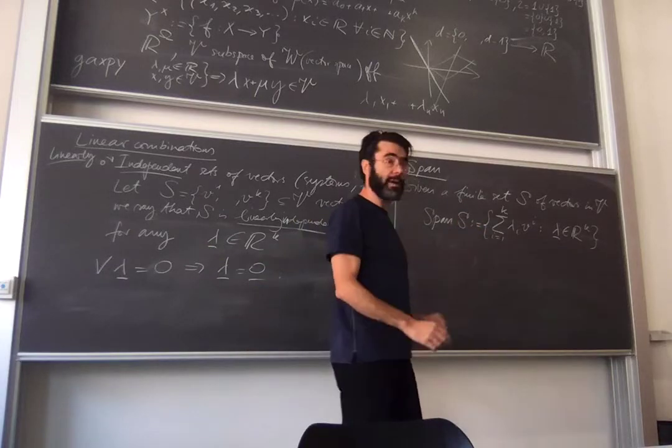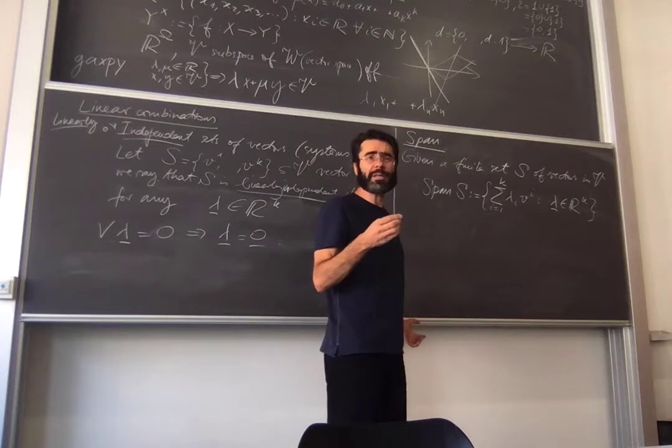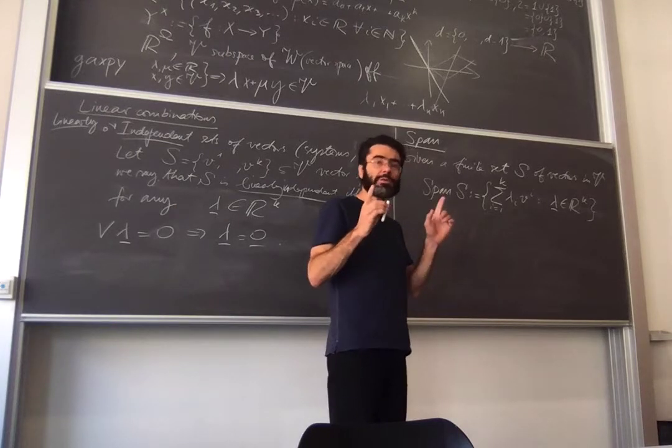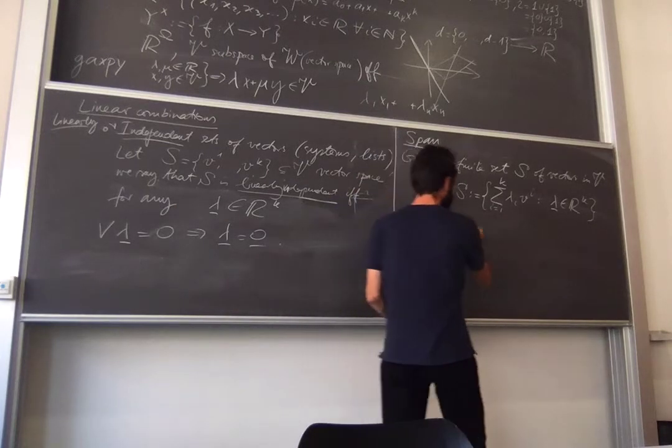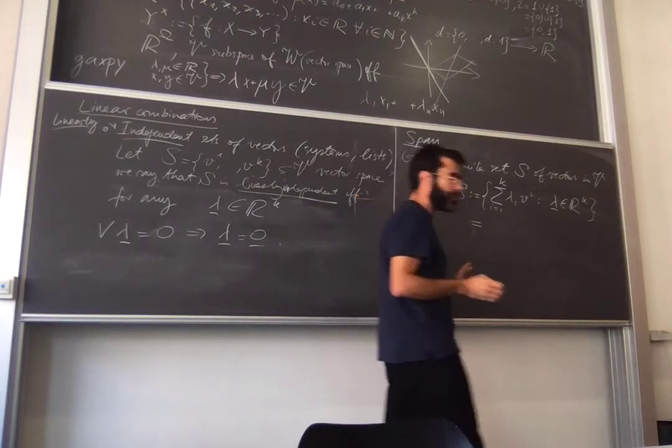So this is the span. By the way, the span also can be characterized in a more abstract way, which sometimes is useful to have. I'm not going to prove it; in fact, the proof is not very hard.